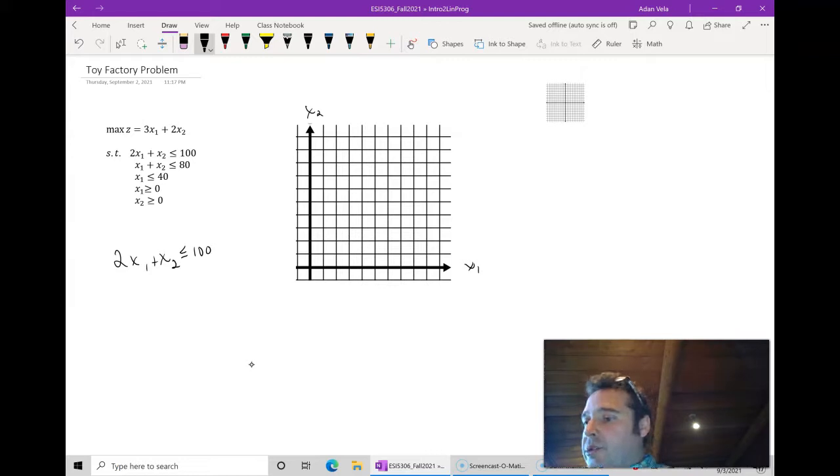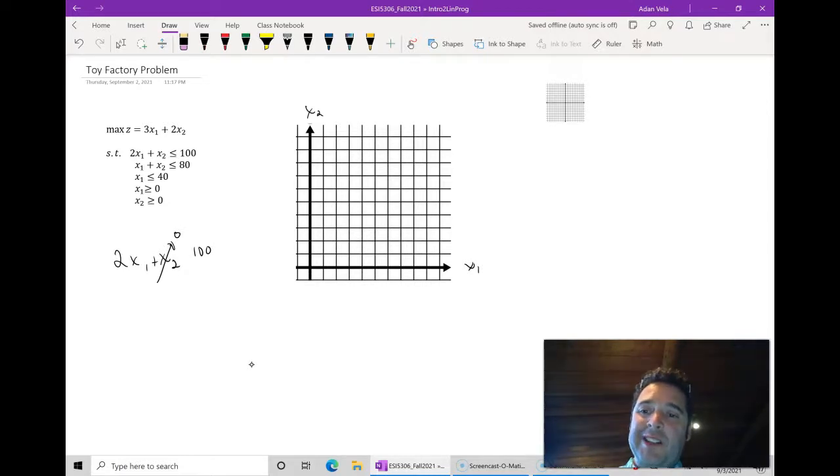Now, usually the easiest way to draw these lines is to calculate the x-intercept and the y-intercept. We can do this pretty easily just by setting x2 equal to 0, and then we solve for x1, pretending it's an equality constraint. Here, if we solve for x1, we get 50.